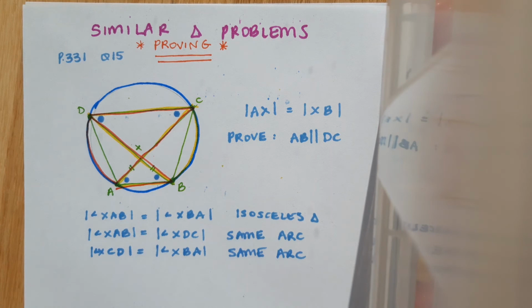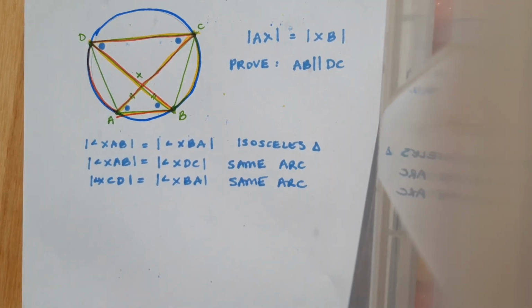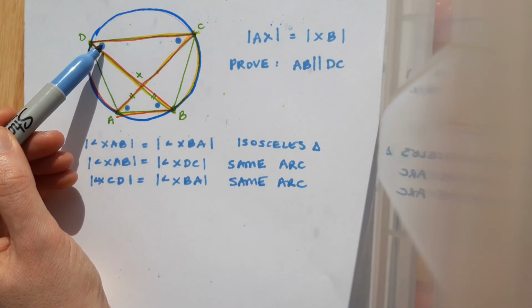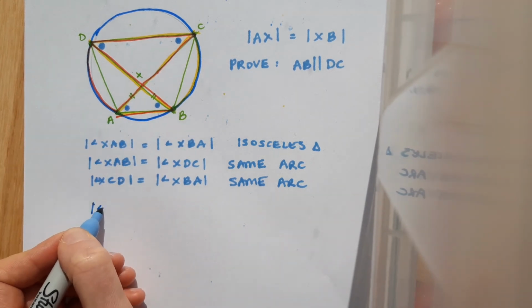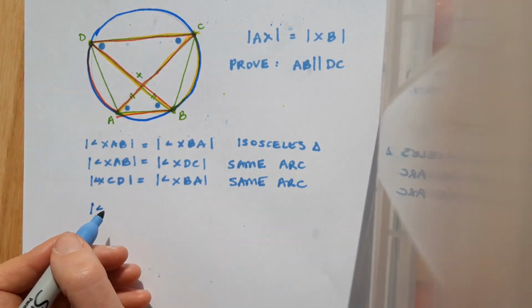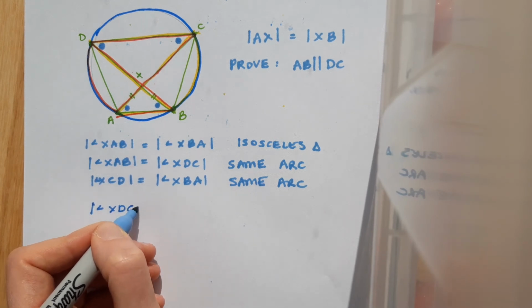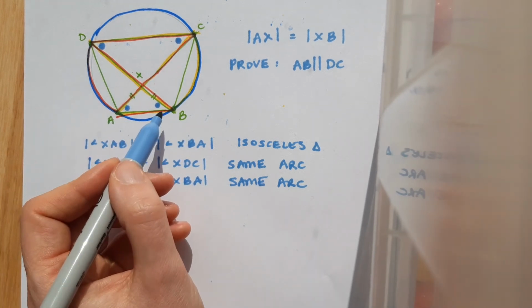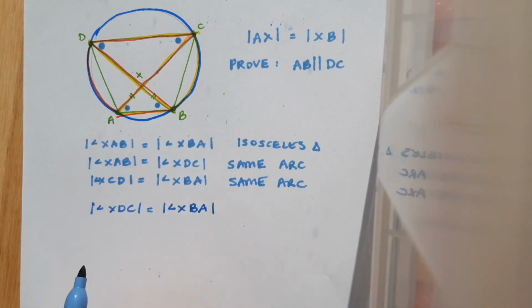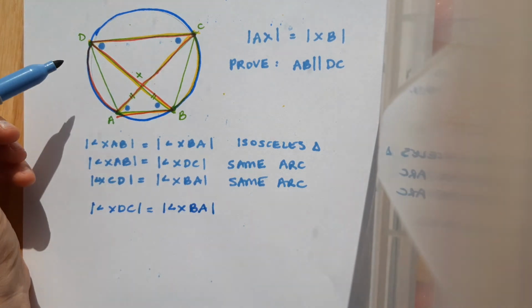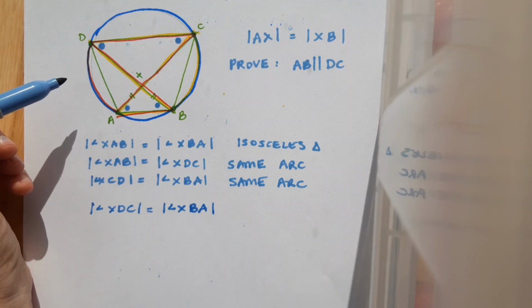So I'm going to write that down. I'm going to say that this angle here equals this angle here. So I'm going to say, well, this angle here is the angle XDC. And this angle here is the angle XBA. I don't need to give a reason for this. I'm simply referring to what I've already marked into the diagram.